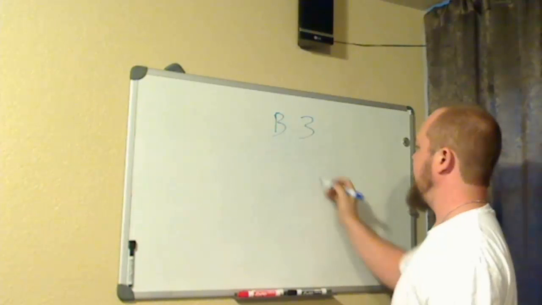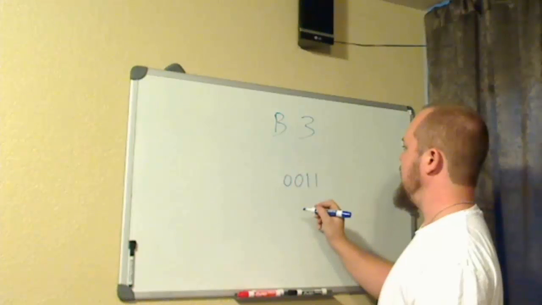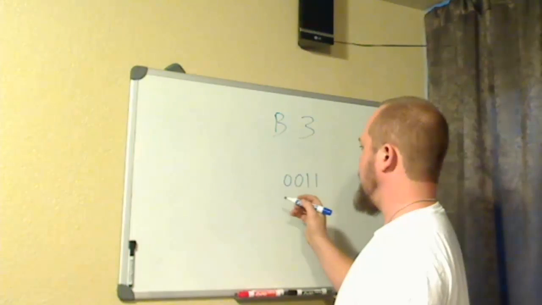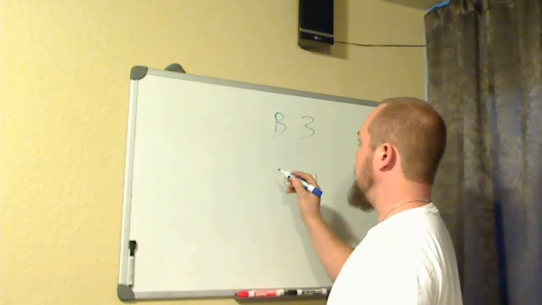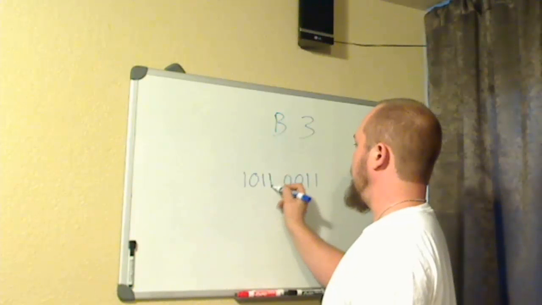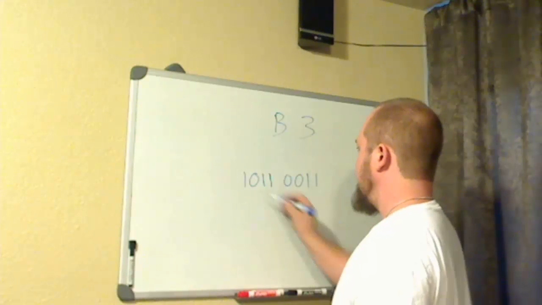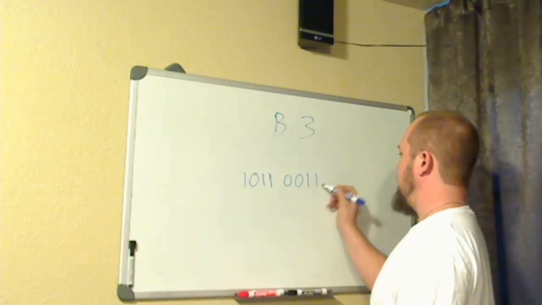Now we know that 0011 is 3, and B is 11, so 8, 9, 10, 11 is B. So we have 1, 0, 1, 1, 0, 0, 1, 1 in binary.